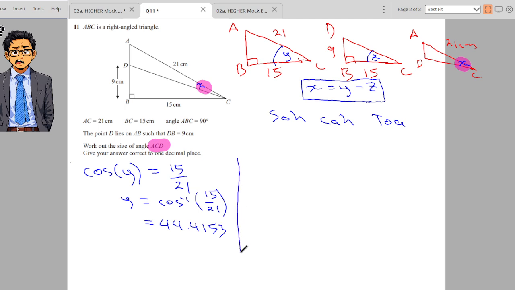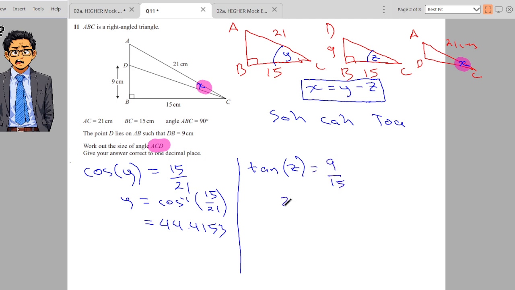All right, let's look at the value of Z now. What do we have from that triangle? We have the opposite and the adjacent, so we're using tan. So tan of Z is equal to 9 over 15.